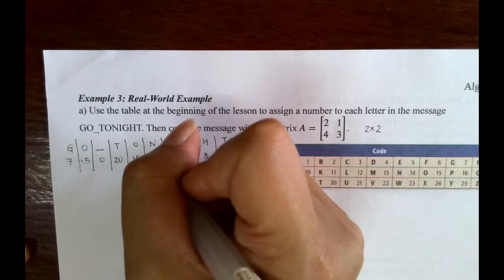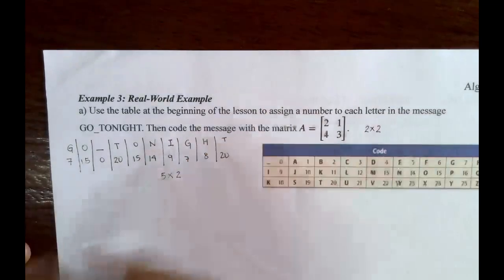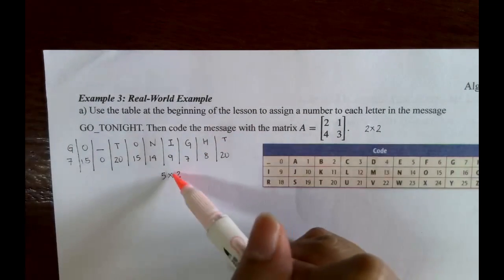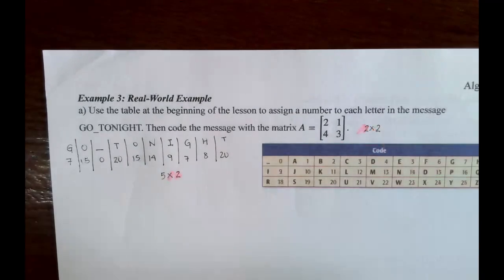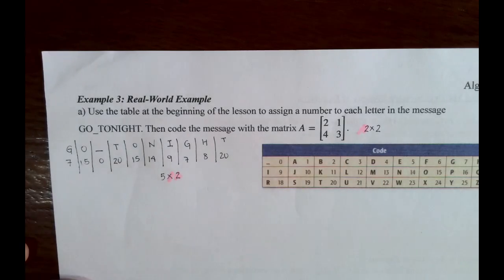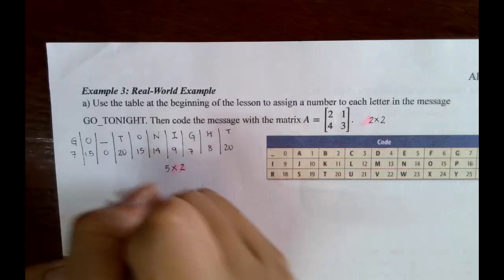So I'm going to make this into a 5 by 2. Because if we remember, in order to multiply, the inner ones have to match. So the only way to fit all 10 to be multiplied is a 5 by 2.